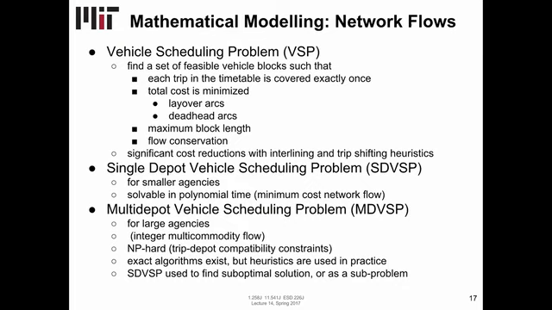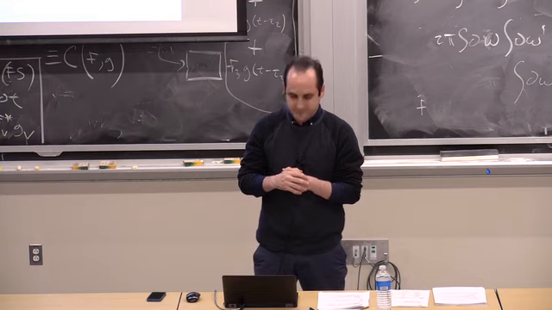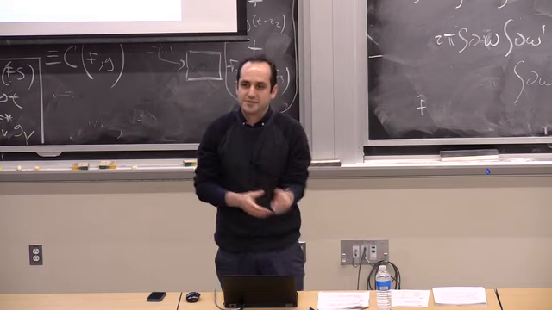It becomes NP-hard, and it basically is very difficult to scale. That basically means that we do not use the network flow algorithms for the multi-depot situation. We use some of the existing heuristics. Are there any questions about this so far?